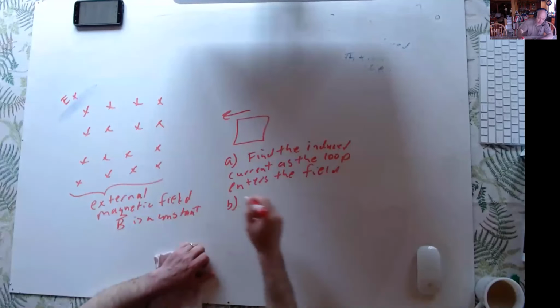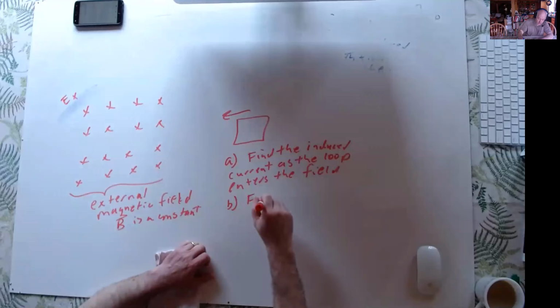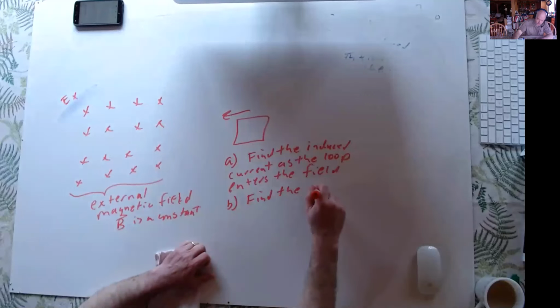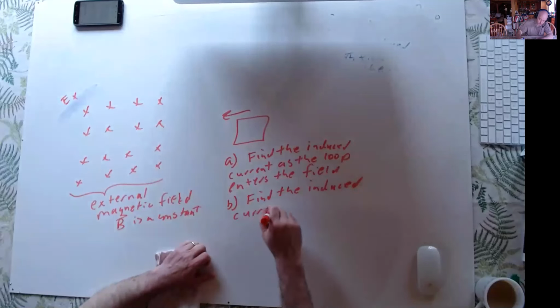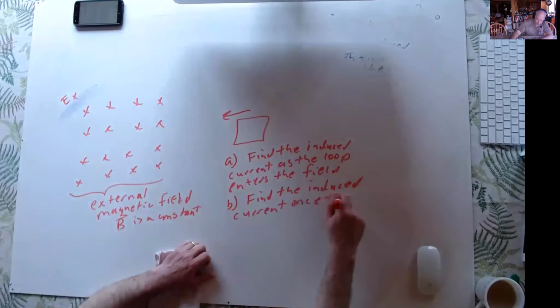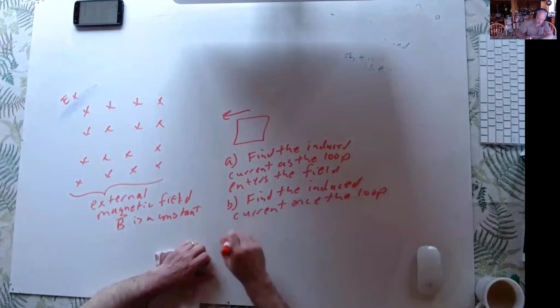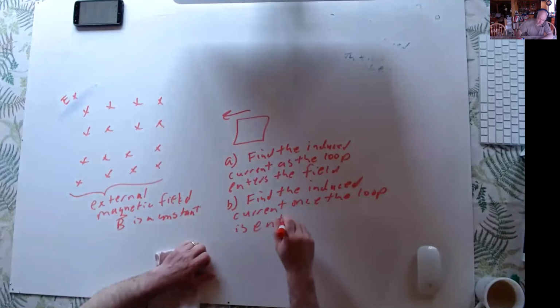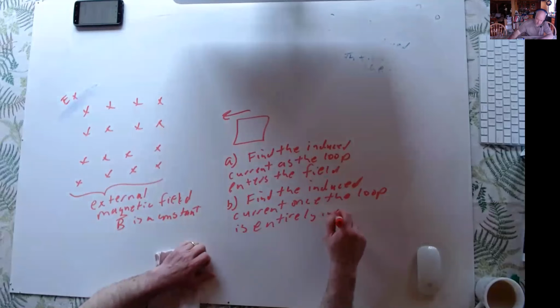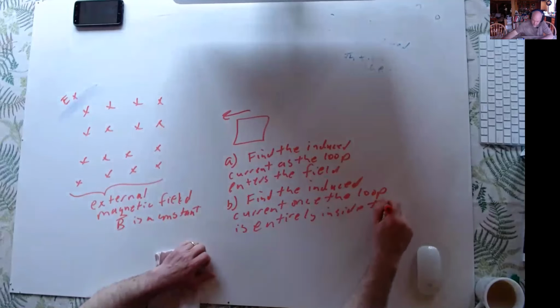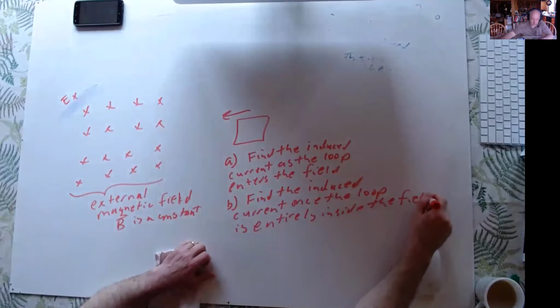For B, find the induced current once the loop is entirely inside the field.